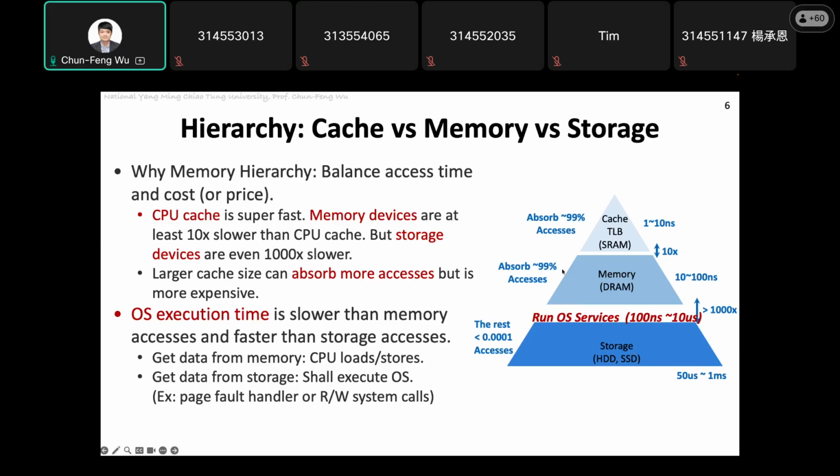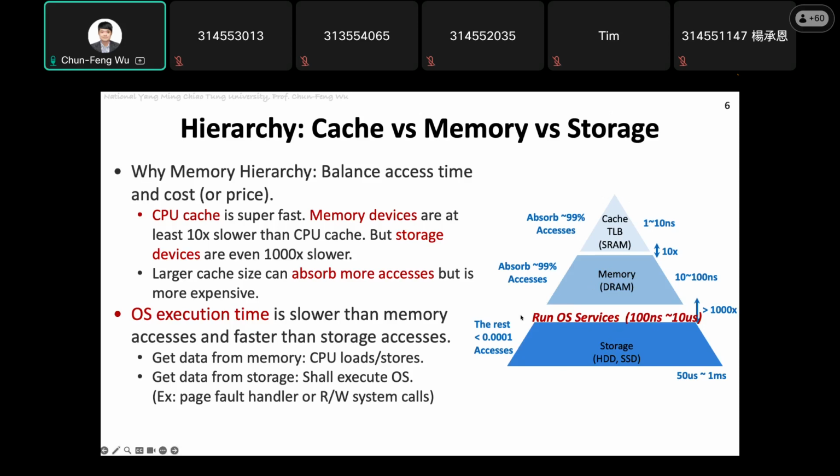The reason the CPU uses different manners to access data in memory or storage is because storage is so slow. If the CPU directly used a load store instruction to get data from the storage device, then the CPU would be busy waiting for a super long time. Because this is 1 nanosecond and this is like 50 microseconds, the CPU needs to wait for around 50,000 times more CPU cycles, which will be wasted here.